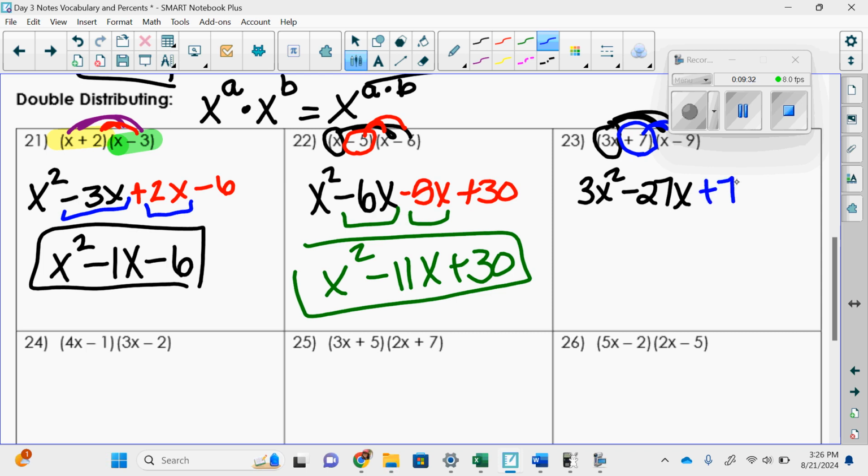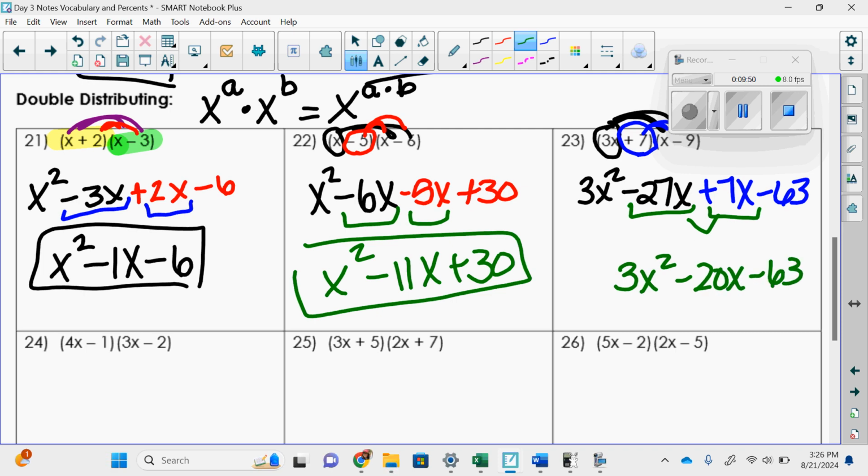So 7 times x gives us a positive 7x. 7 times negative 9 gives us negative 63. Combine our like terms, we have a negative 27x and a positive 7x. So when we combine our like terms, we get 3x squared minus 20x minus 63.